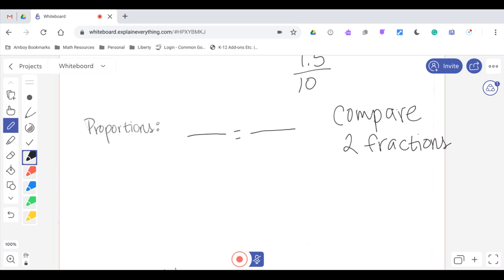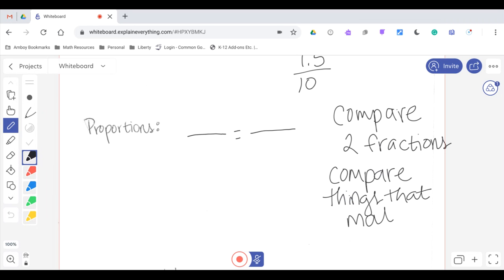Okay? So when we write these fractions, we are comparing matching stuff. So I'm basically comparing things that match. When we write a proportion, we need to have two-way matching, if that makes sense. It'll make more sense when we get to an example.